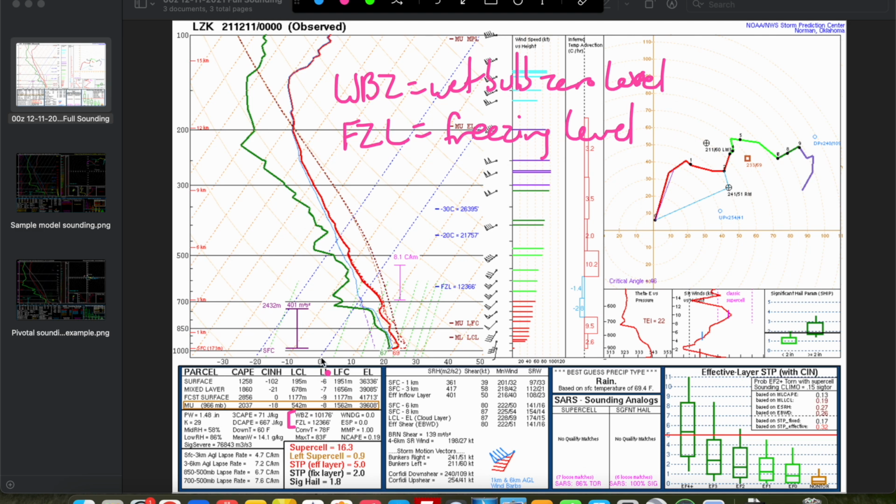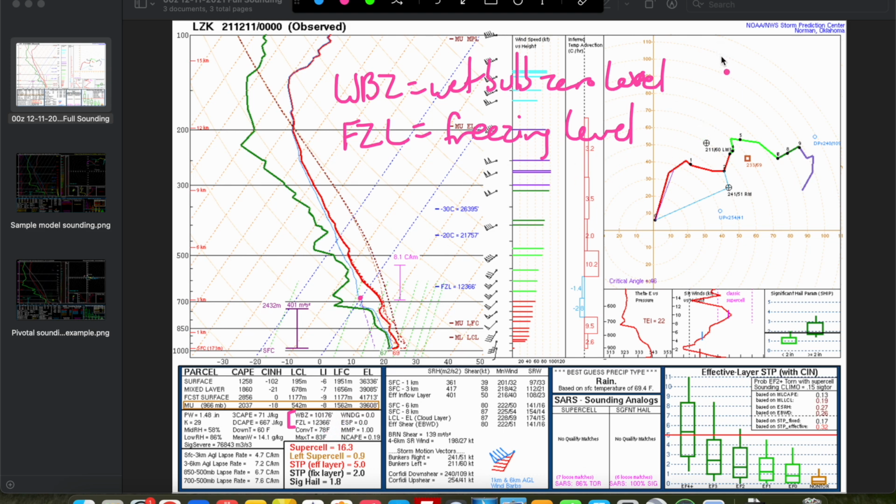So we follow that 0 degree Celsius isotherm up to where it intersects with the wet bulb temperature profile. Again, that wet bulb temperature profile takes into account evaporation, etc. We talked about that in a previous video. But where that 0 degree isotherm intersects this blue profile here, that wet bulb temperature profile, is that wet bulb zero level. In this case, it's about 10,176 feet.